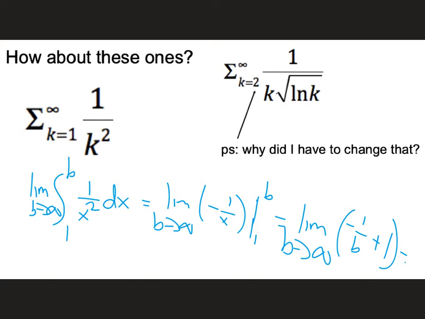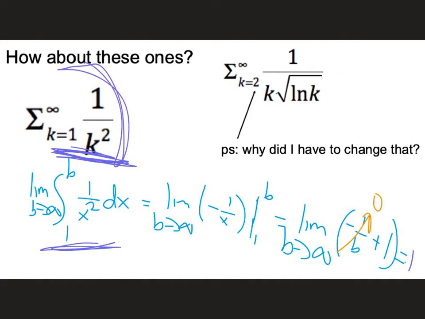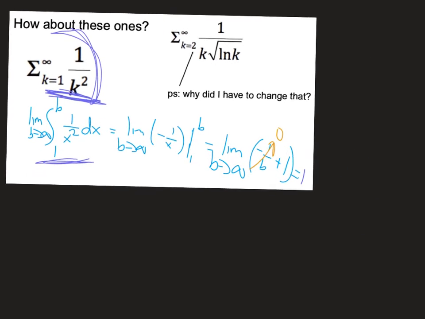As b goes to infinity, 1 over b goes to 0. So add 1 to that and you get 1. So this integral converges. I'm going to claim, I don't know if this is true yet, that this series also converges.